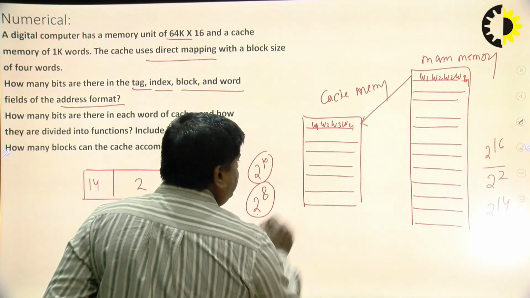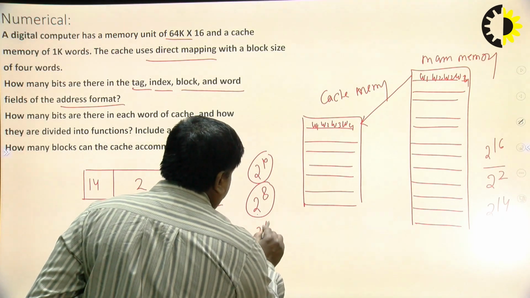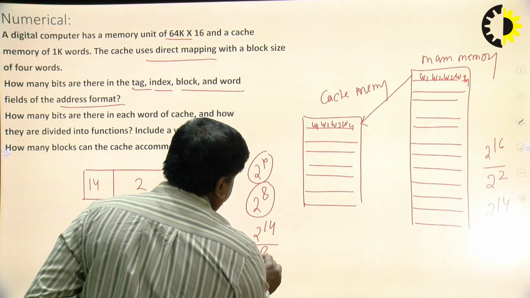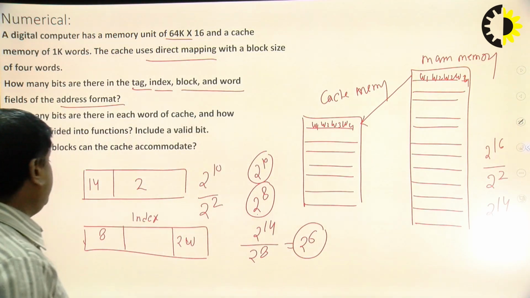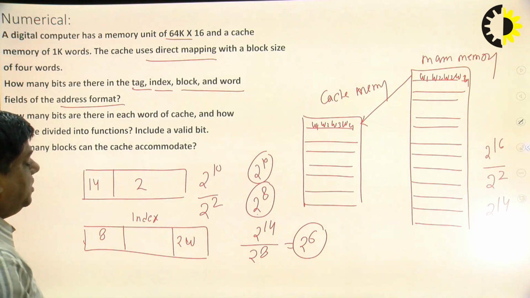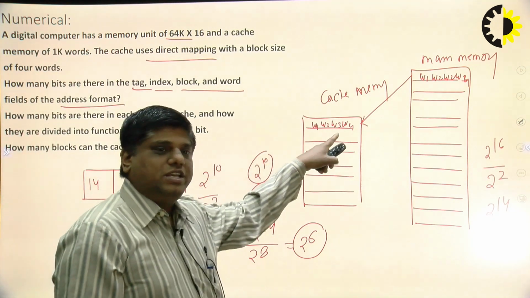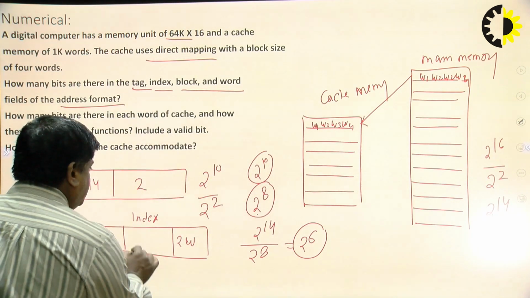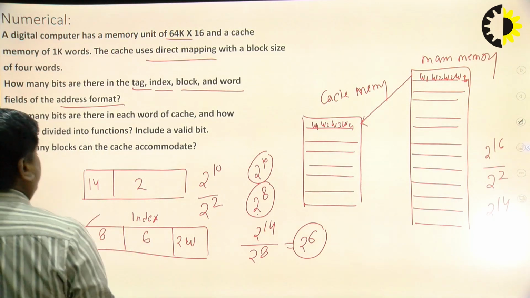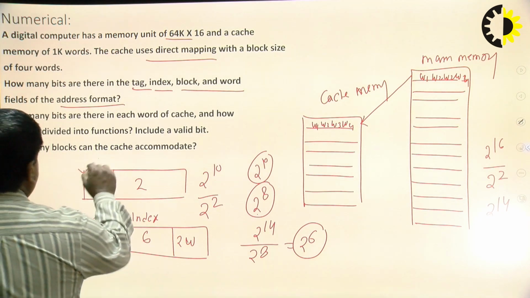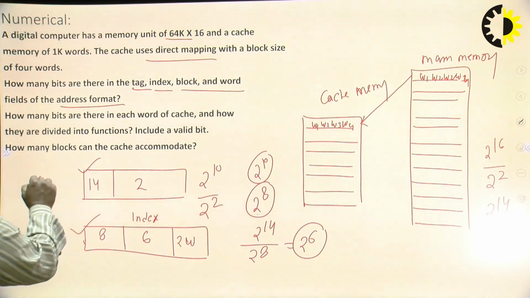It means each block can accumulate 2 to power 14 divided by 2 to power 8, which means 2 to power 6 blocks accumulate into a single page. So what is the size of the index? That is 6 bits. That is the format of the cache memory. This is the format of the main memory.